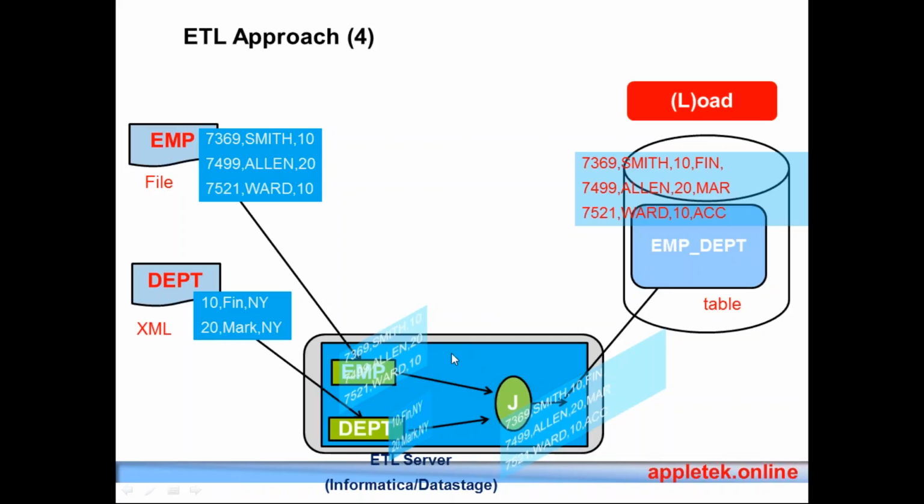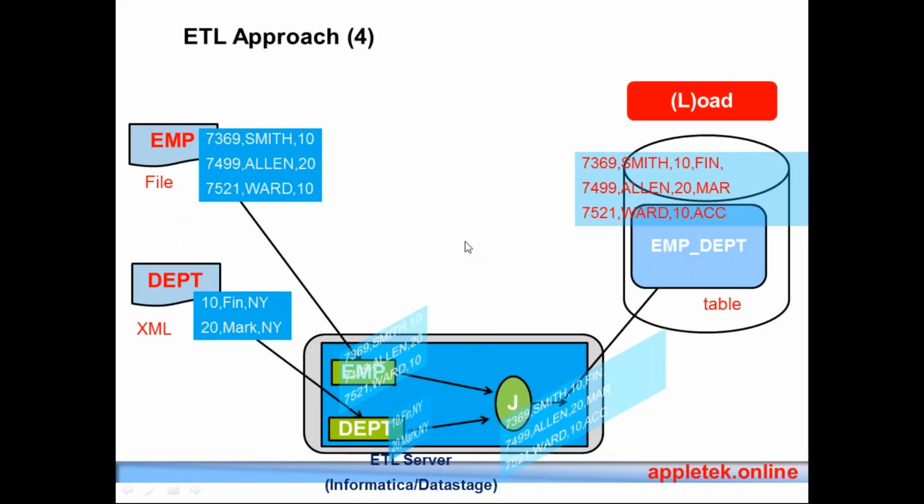Because we are running more jobs at a time, and every job's volumes also increase, at any given point of time your ETL server will be occupied with very high volumes. If your server capacity is small and the volume is more, it is going to slow down your process.